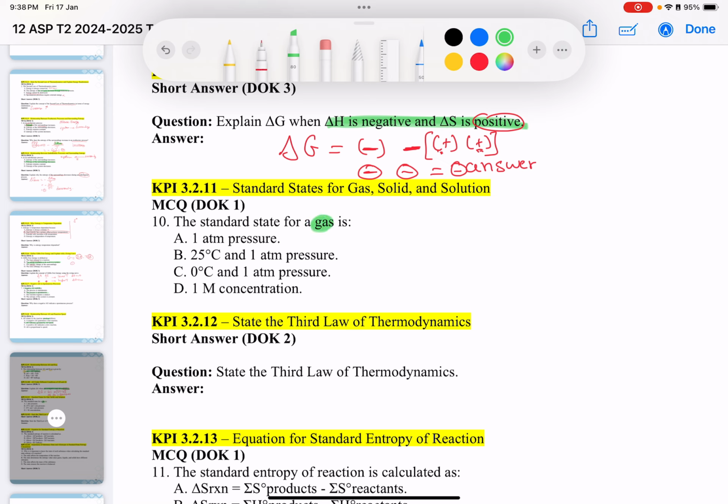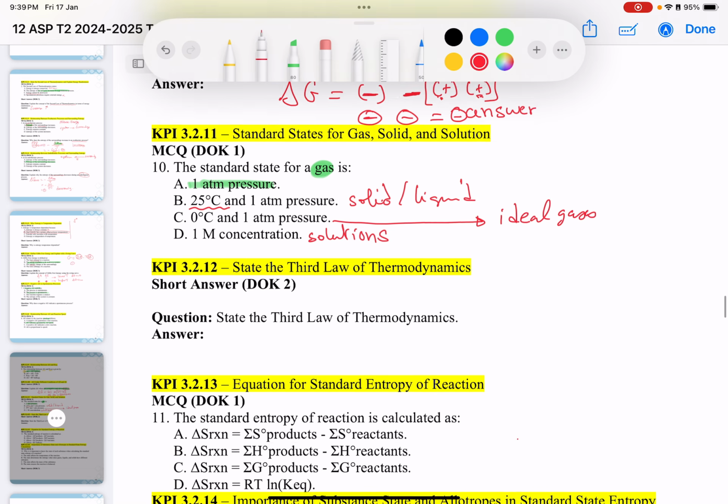This is the condition for solutions, the standard conditions for solutions. And this one, C, you saw it in the lesson of gases. This is the standard conditions for ideal gases, so it's not related to our lesson. Okay, so be careful of this trick.